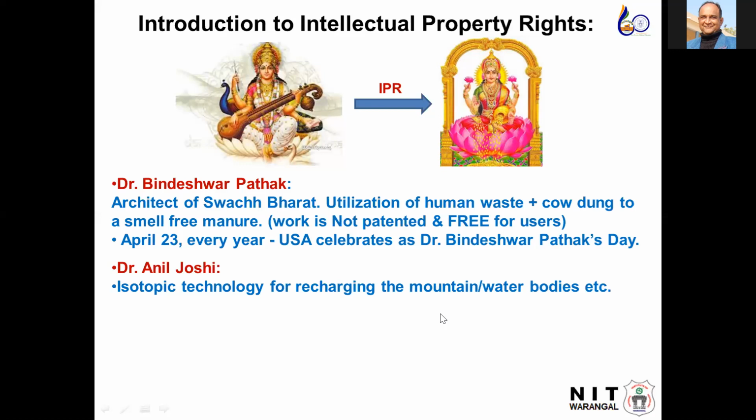He put isotopes on the hilltops where the rain comes. When it rains, the isotope dissolves in the water, which is a non-radioactive thing, basically not harmful for humans, and it goes along with the water.